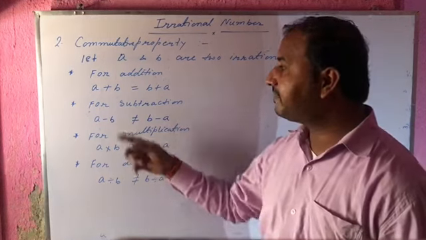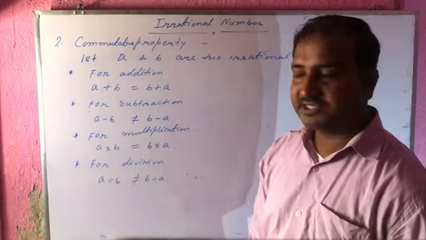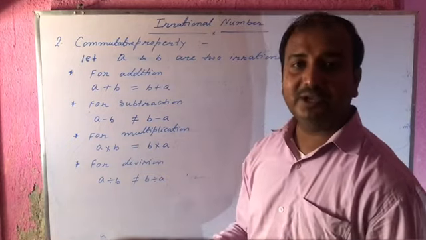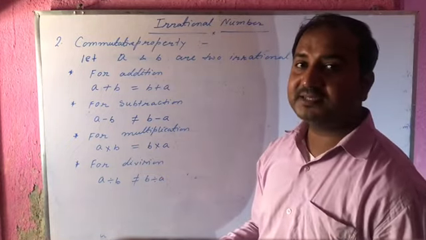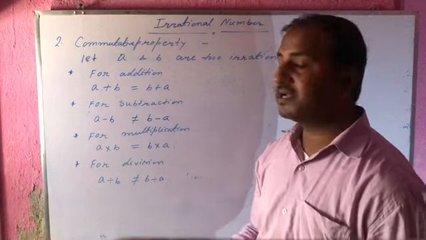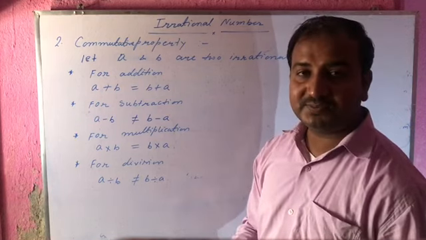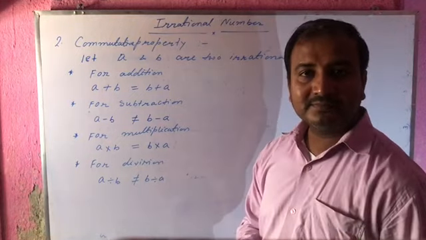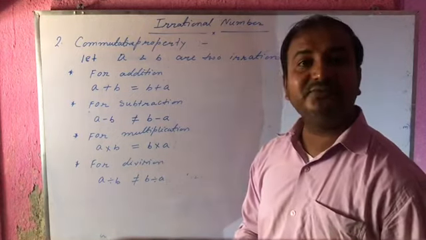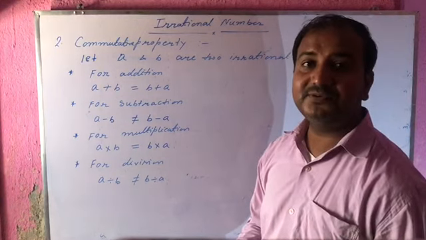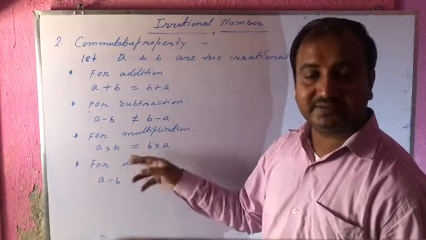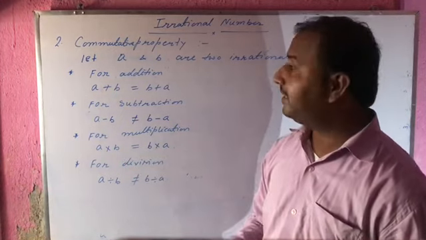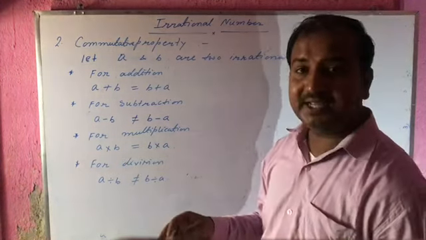Actually, the question is, does the subtraction of two whole numbers, two integers, two rationals satisfy the commutative property? No. The subtraction of two whole numbers, two integers, two rationals does not satisfy the commutative property.